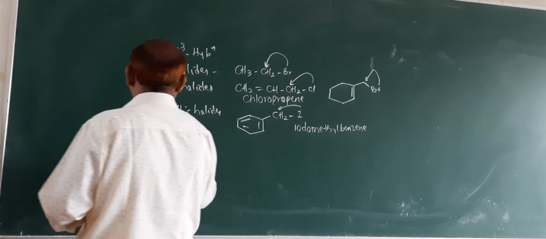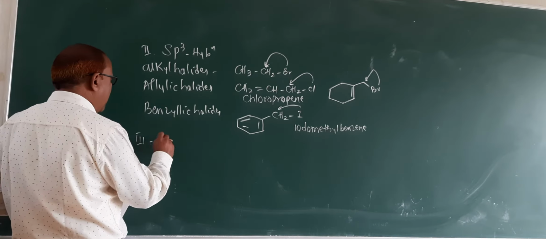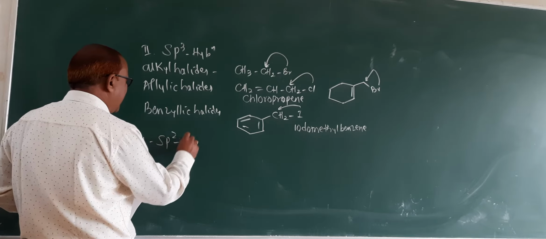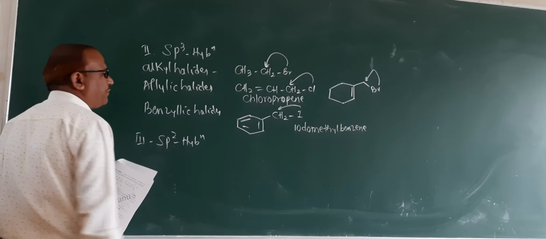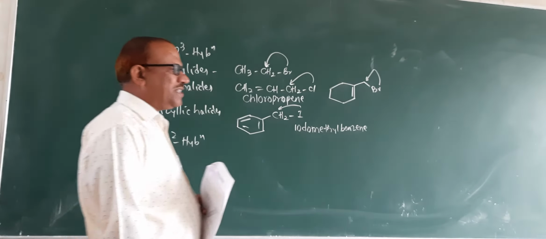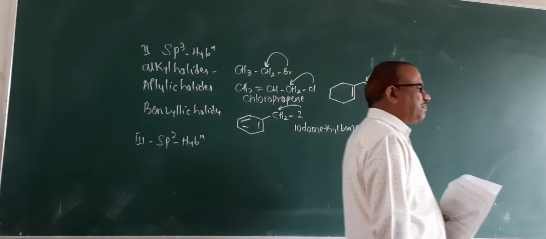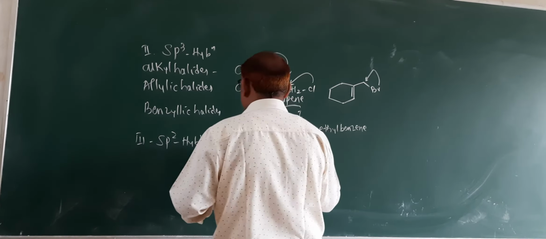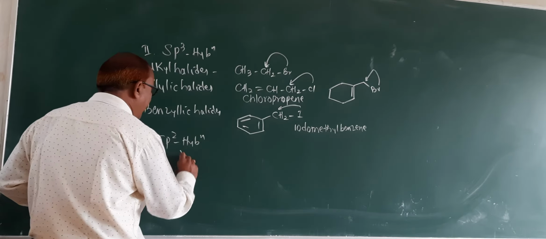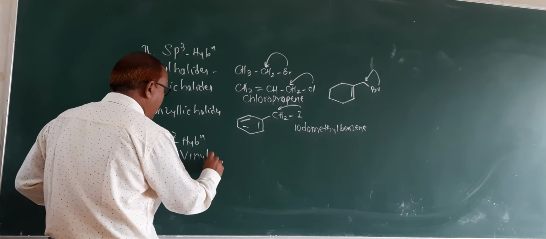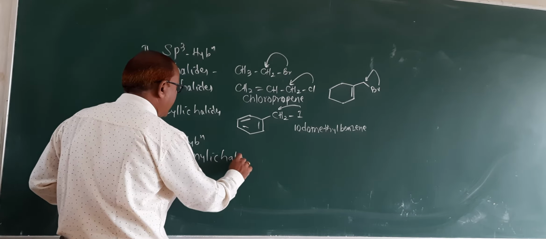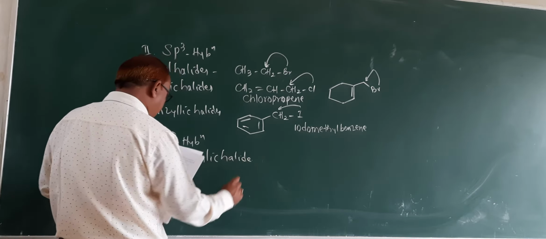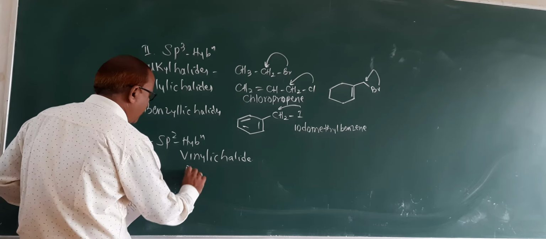The third type of classification is the one in which the halogen is attached to an sp2 hybridized carbon. They are classified as vinylic halides and aryl halides.